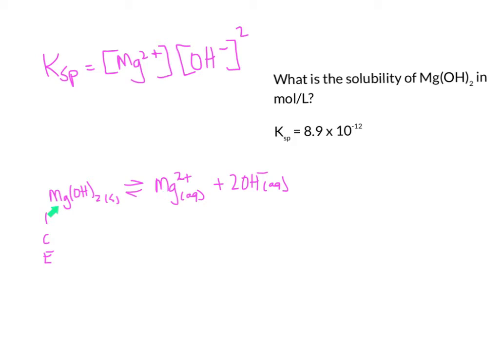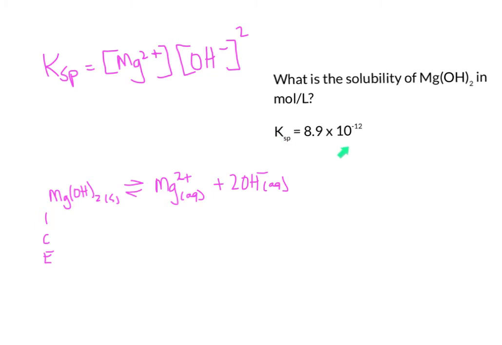We know that the solubility of the Mg(OH)2 is in a 1-to-1 ratio with the concentration of the magnesium 2+ ions. So whatever concentration we get for Mg2+ is going to equal the solubility in molarity for the magnesium hydroxide. If it were a 1-to-2 ratio, you'd have to cut this value in half to get the solubility of the magnesium hydroxide.